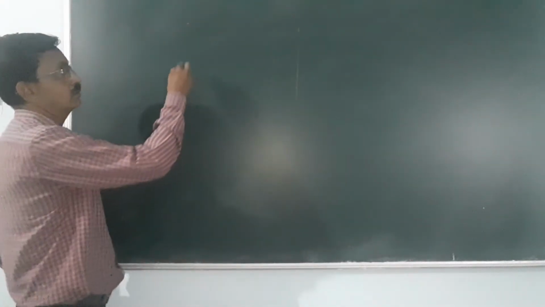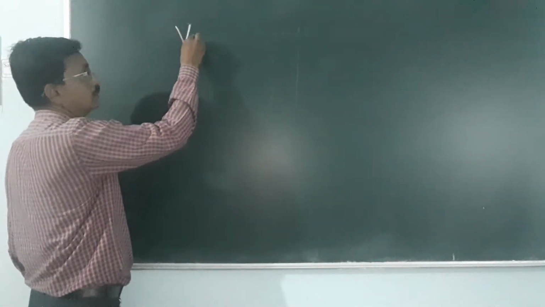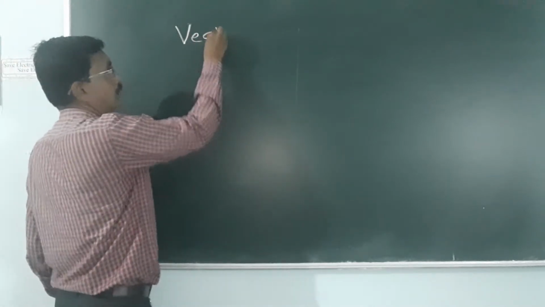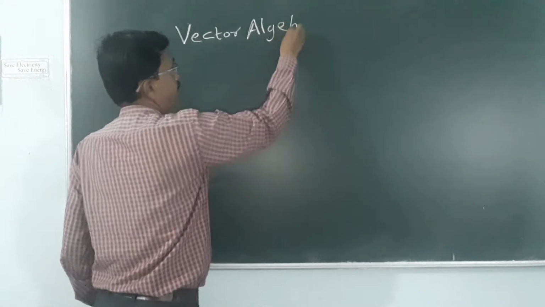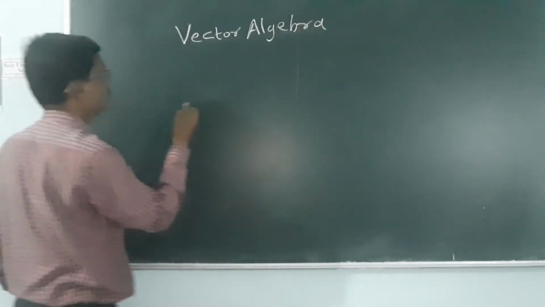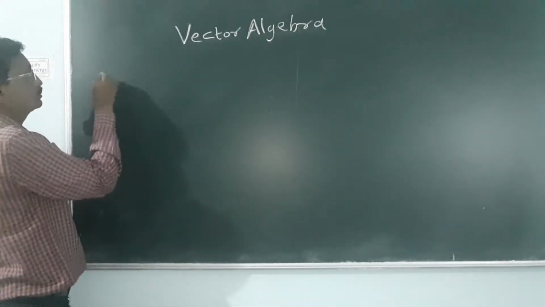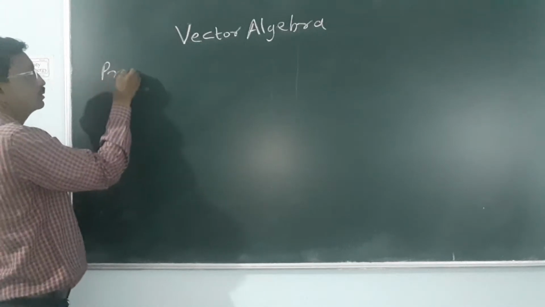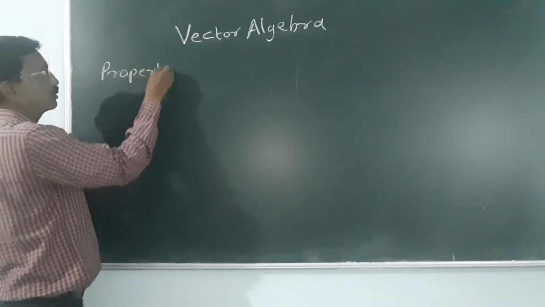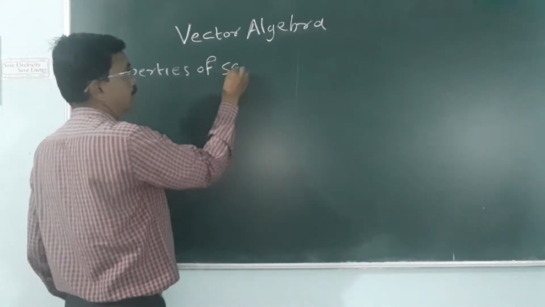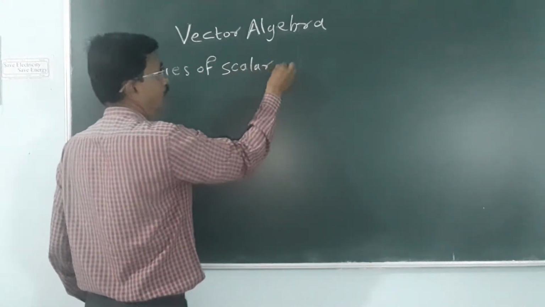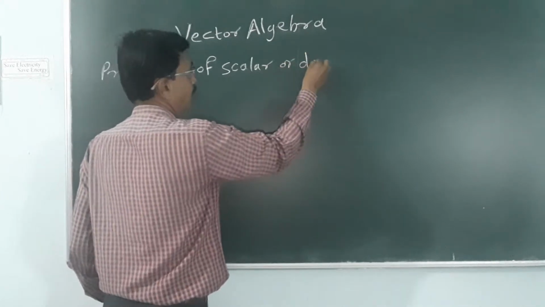Hello class, now we have seen the point vector algebra, and in that we have seen the properties of scalar or dot product.